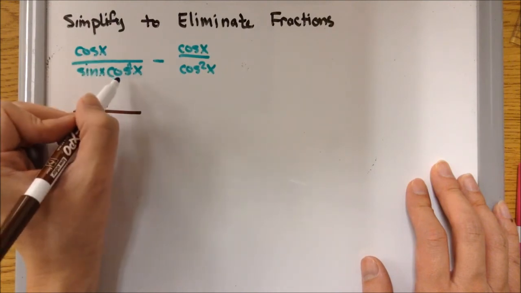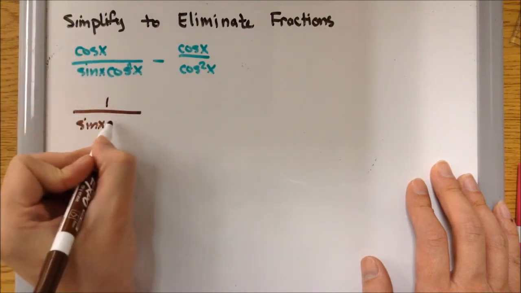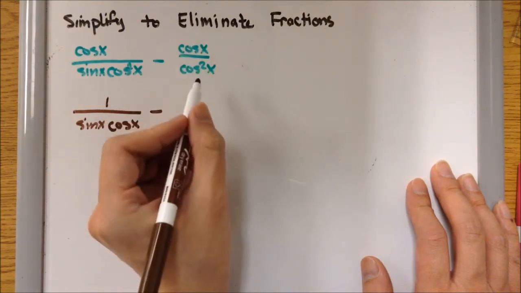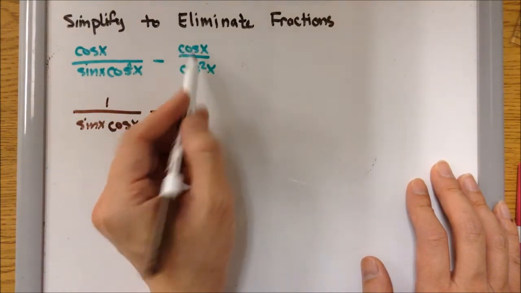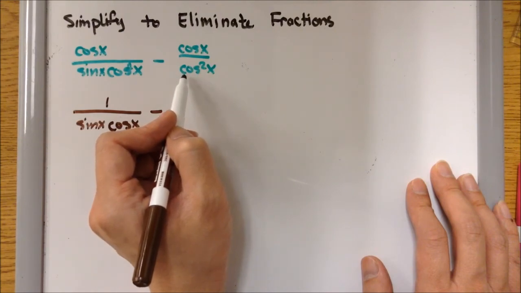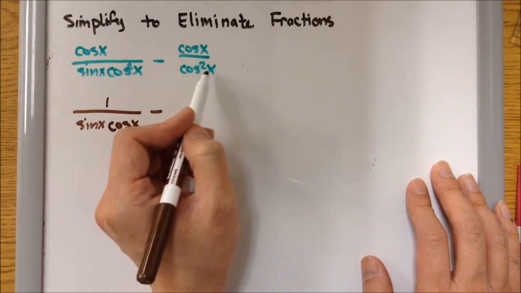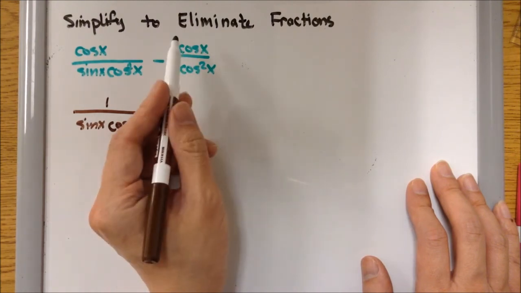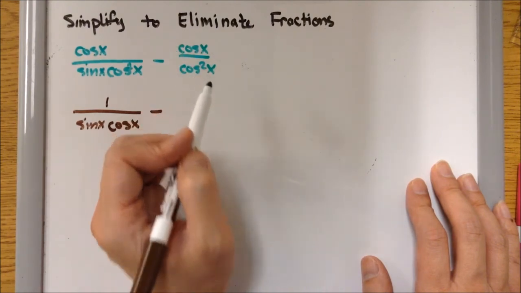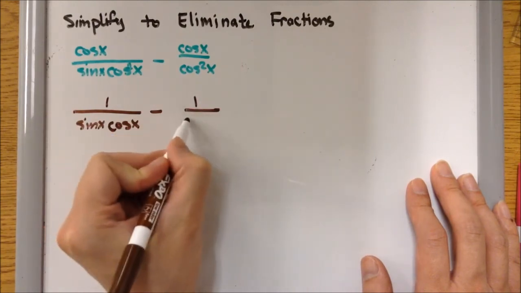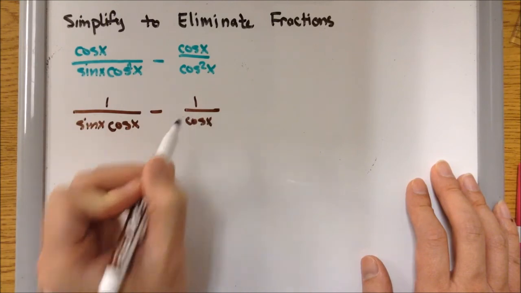So one of them became 1, and then I have left cosine of x in the denominator. Same thing here. I'm going to divide by cosine of x, but since the denominator was cosine square of x, that means there were 2 of them in the denominator. When I divide, only one of them from the denominator became 1. So I'm going to have just 1 over cosine of x on the second fraction.